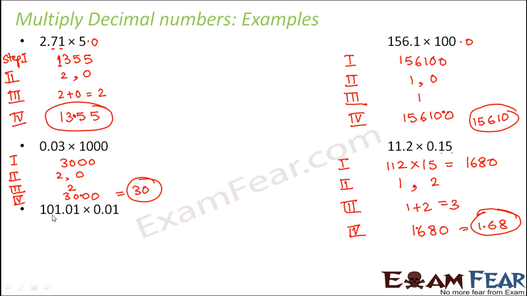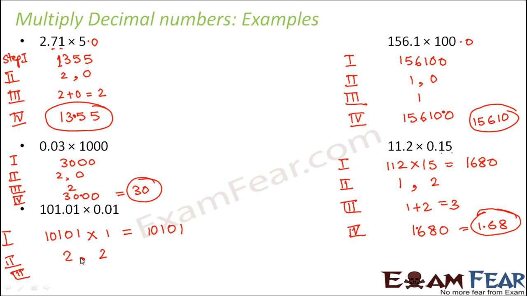Let's look at the fifth one. It has 101.01 multiplied by 0.01. So in step 1, we just multiply them, that is 10101 into 1, which is equal to 10101. In step 2, let's find the number of digits after the decimal point, which is 2 and 2.